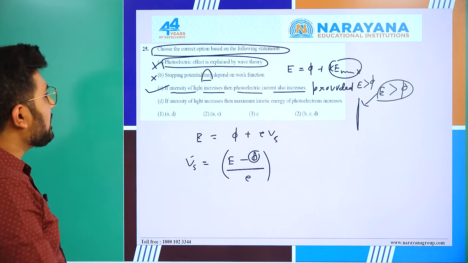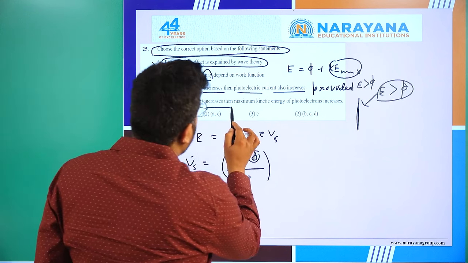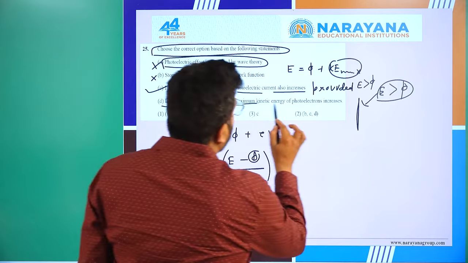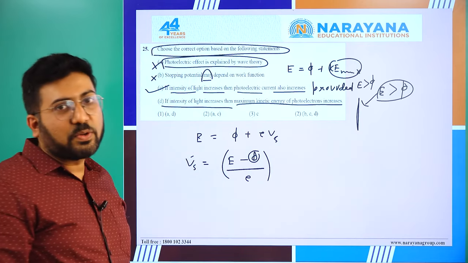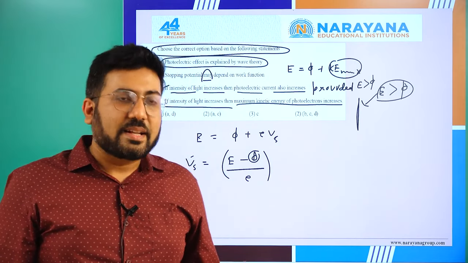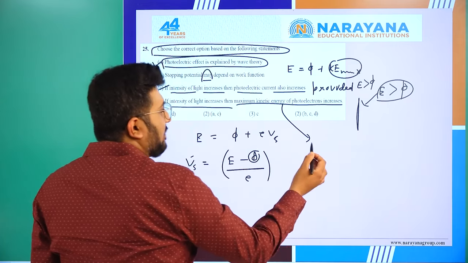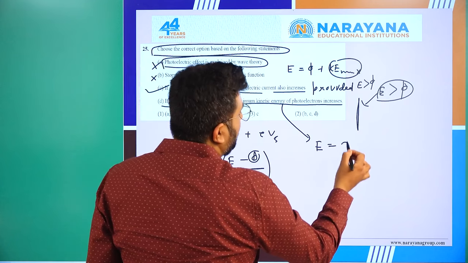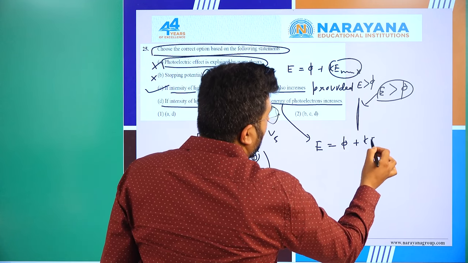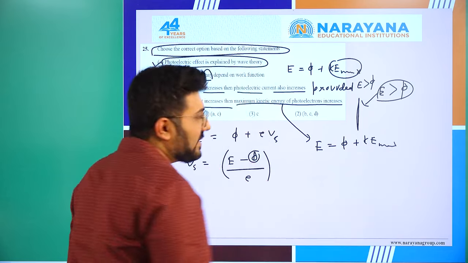Fine. Then the next option is, if intensity of light increases, then the maximum kinetic energy of the photoelectron also increases. Now, this statement is definitely incorrect, because everybody must know Einstein's photoelectric equation is E equals phi plus Ke max.